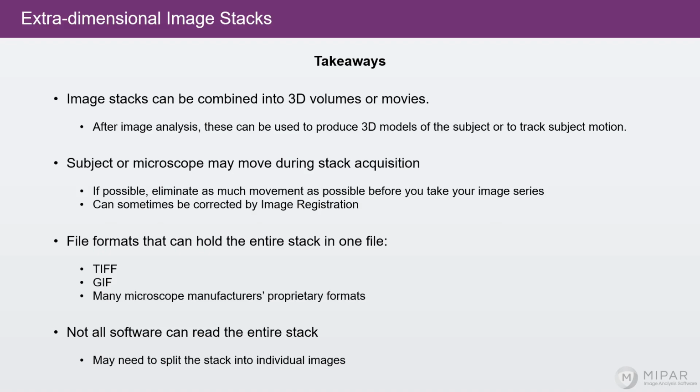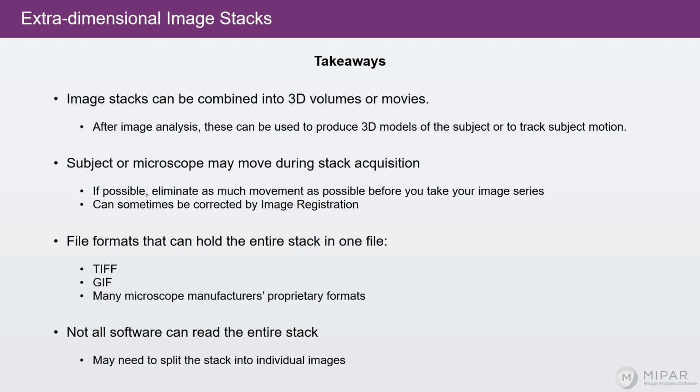It's not perfect. Sometimes it won't work, depending on how much movement you have and whether or not you actually have a reference that you can use, but it's something to try.